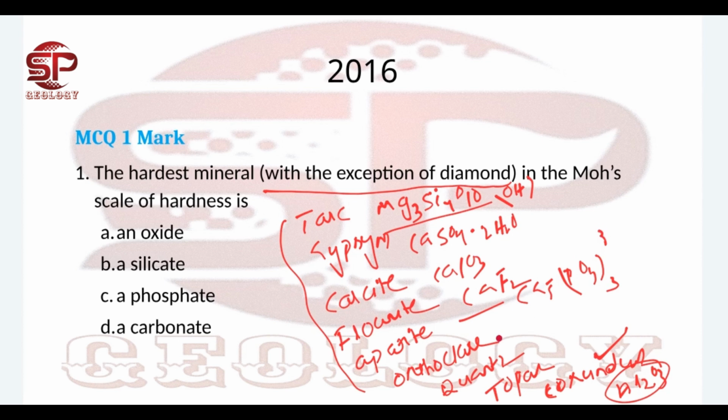Like this, if you remember the composition, then you can know which one is oxide, which one is silicate, which one is phosphate. Apatite is a phosphate. Carbonate you will get CaCO3, calcium carbonate. Then in silicate you will get talc, that is Mg3Si4O10, OH group will be there.